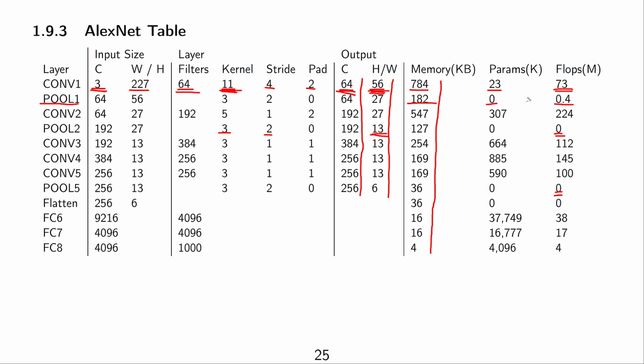We start with a very small number of parameters, but then as we go down, there's a reasonable number of parameters, but then way at the end, these fully connected layers, these linear layers, completely dominate the number of trainable parameters. The overwhelming majority of the trainable parameters in the network are in the fully connected layers.